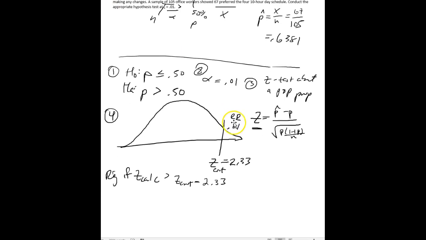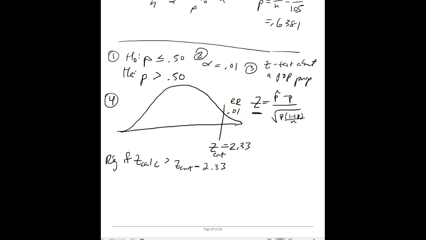And then number 5 is us calculating this. So this would be z calc is equal to our p hat 0.6381 minus our assumed p, 0.50, divided by the square root of 0.5 times 1 minus 0.5, which just ends up being 0.5, over 105.